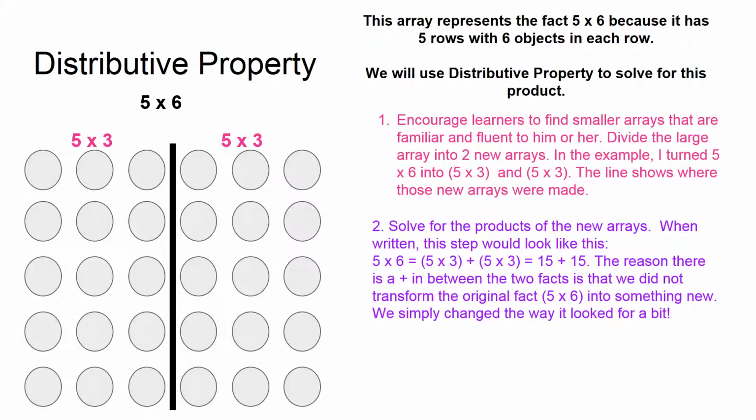And the reason that there's a plus sign in between those two multiplication facts, 5 times 3 and 5 times 3, is because we're eventually going to add those back together to get the product of that whole 5 times 6. We're only changing the way the array looks right now. We're not doing anything to the actual total that we have in front of us.